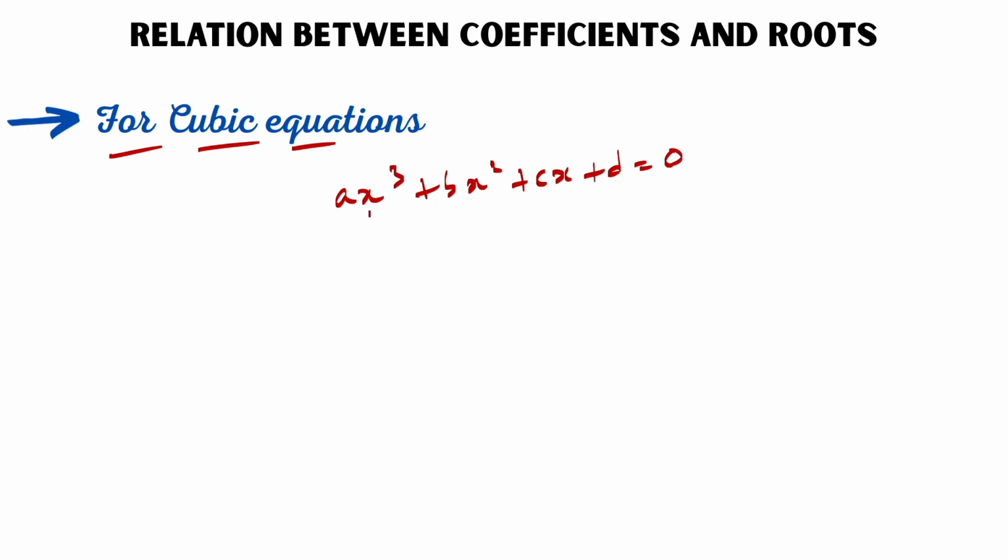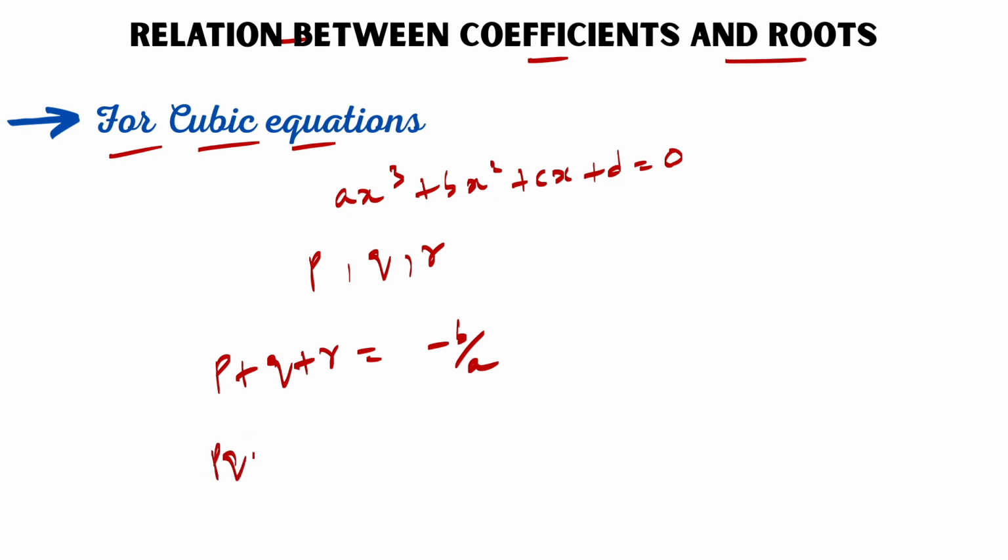Since it is a cubic equation, it has 3 roots, not 2 roots. Let the roots be p, q and r. Now we shall obtain the relation between these roots and the coefficients. If we add these roots, p plus q plus r will be equal to minus b by a, and the sum of the products of two roots, pq plus qr plus pr, will be equal to c by a.